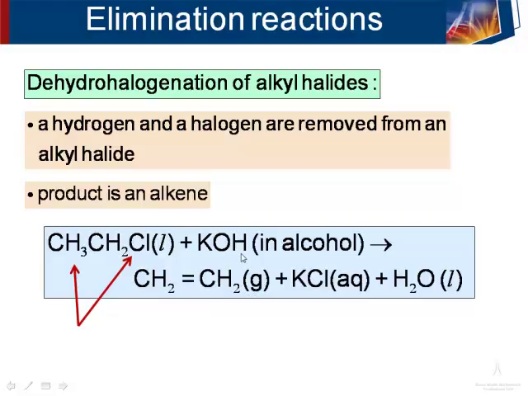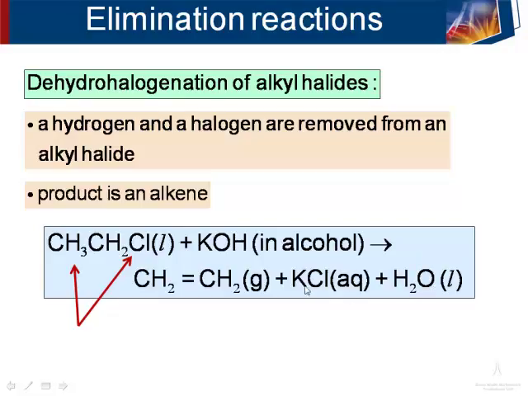Now the alcohol that is formed there, KOH, remember we have a hydrogen and the chlorine coming from this, and the potassium would combine with the chlorine forming potassium chloride salt, and the hydrogen would combine with the OH from the alcohol and form H2O, the water.